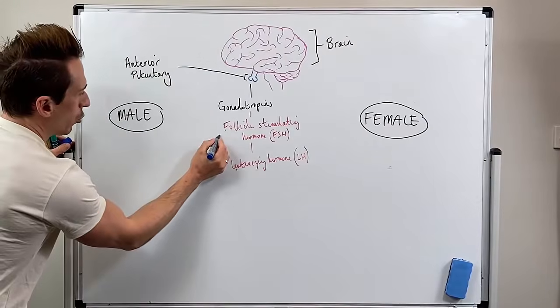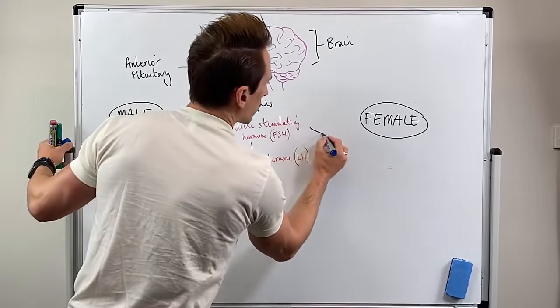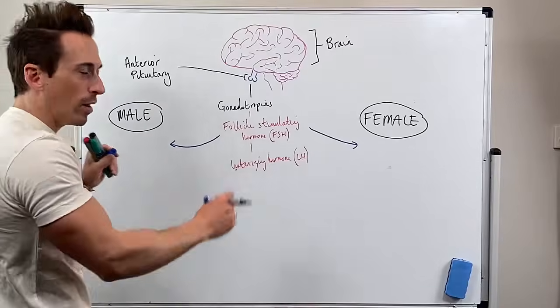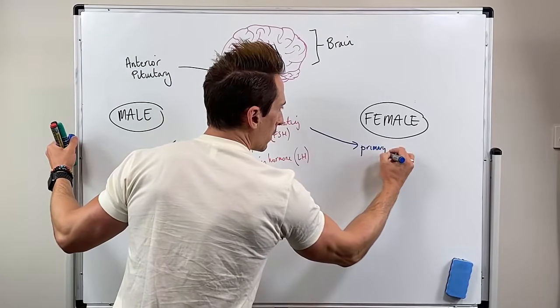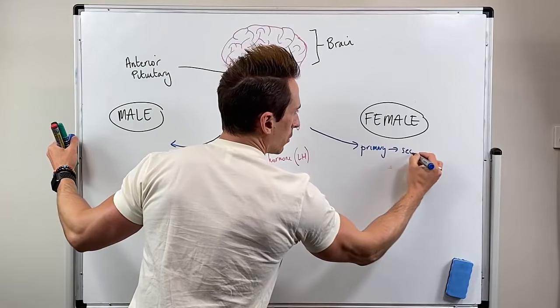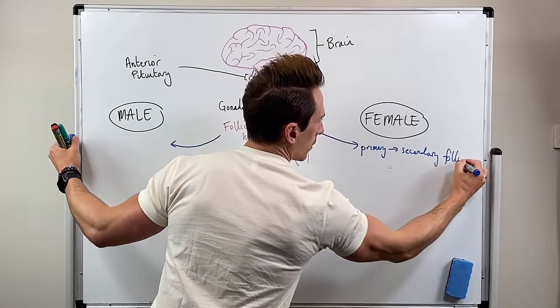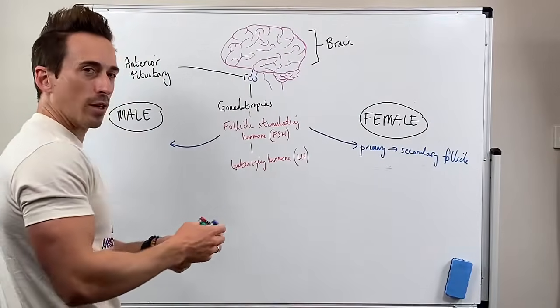Follicle stimulating hormone for the male reproductive system, follicle stimulating hormone for the female reproductive system. What did it do? Let's start with female. Stimulated primary to secondary follicle. Then what did that secondary follicle do? It produced estrogen.